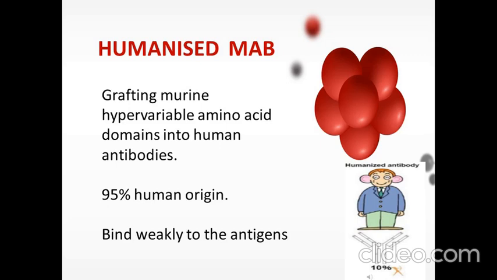This results in a molecule of approximately 95% human origin. The mouse or rat part of the antibody binds to the target antigen, and then the human part makes it less likely to be destroyed by the body's immune system. This binds weakly to the antigen.